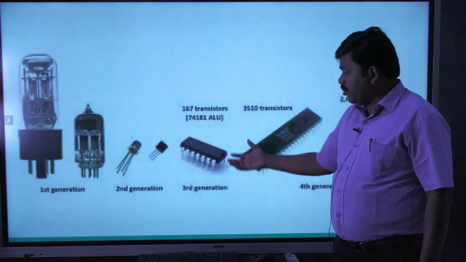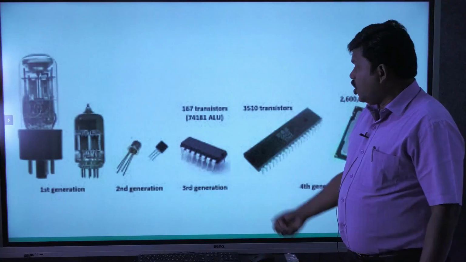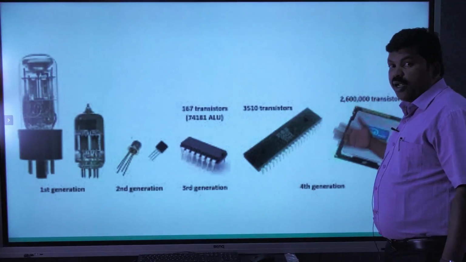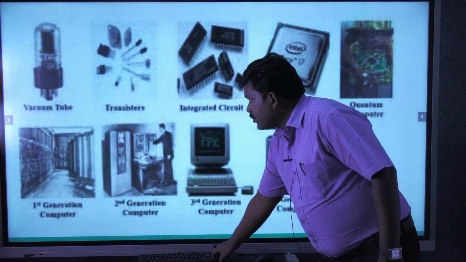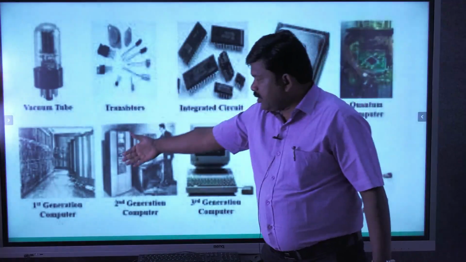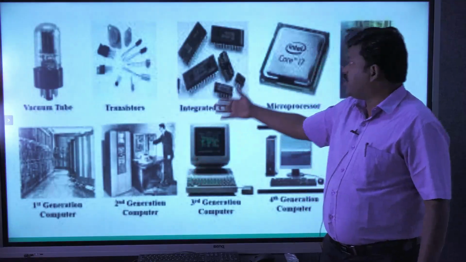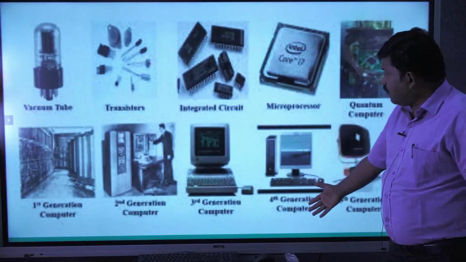Then the 3rd generation computers come with LSI, large scale integrated chips, and the 4th generation computers come with the modern processor environment. So these are the equivalent computers. Vacuum tubes, this is the 1st generation. A transistor, this is the 2nd generation. Computers made up of chips, and computers made up of the 4th generation.